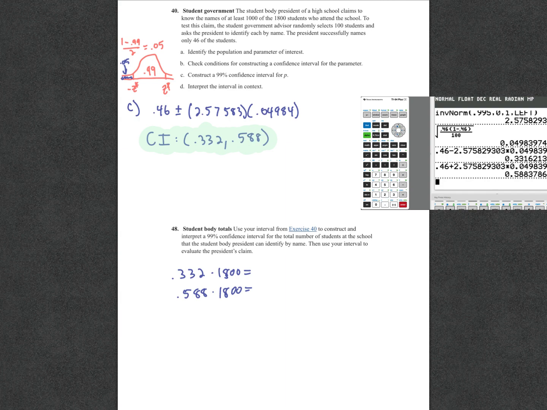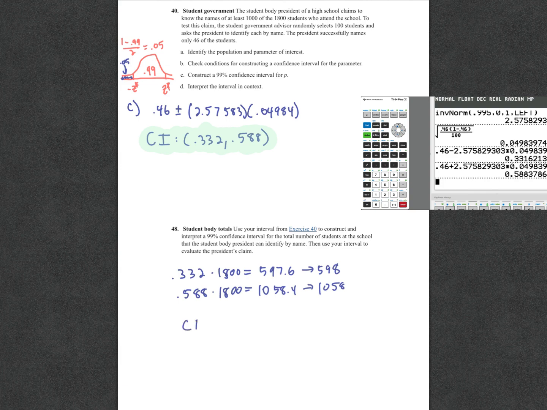If we do each of those in the calculator, 1,800 times 0.332, really the exact value that we got in the calculator, you get 597.6. We'll round that to 598. And then if you multiply 1,800 by 0.588, you get 1,058.4, so 1,058.